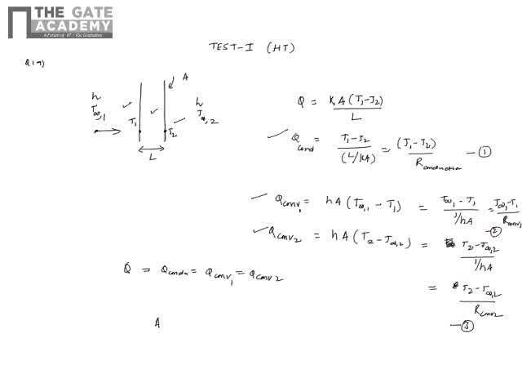Now if we add 1 plus 2 plus 3, what we get is, okay, or before adding, let's rewrite one. Q conduction into resistance of the conduction is T1 minus T2. Okay, let's not add yet, let's add it at the later stage, but first just take the resistance term on the left hand side.